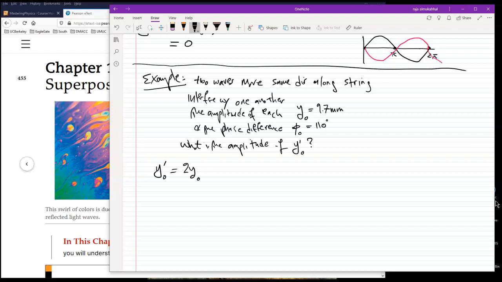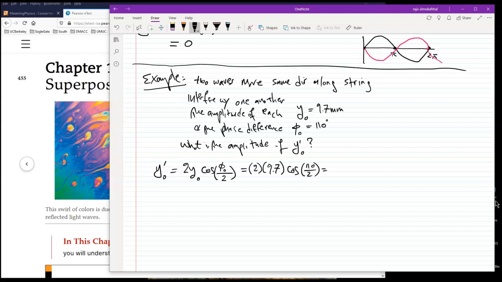Remember, they have the same amplitude. And we can just plug it in. So we have 2 times 9.7 millimeter. We'll keep it in millimeters, okay? Then we have cosine of 110 over 2.